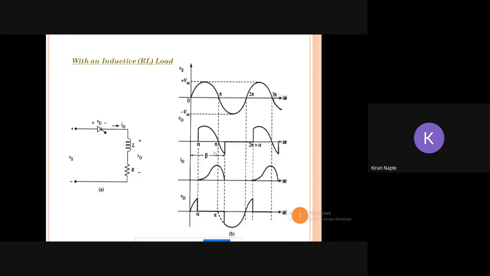Here, you will come to know that the output voltage is extended beyond pi, and it is slightly present in the negative half cycle as well. Again, for the next positive half cycle, we observe a similar kind of output voltage, still present for some part of the negative half cycle. I'll come to the reason why this is so.